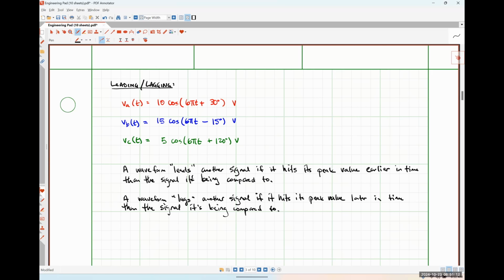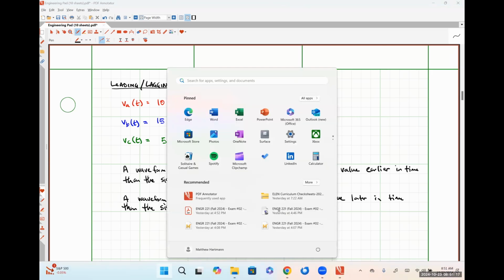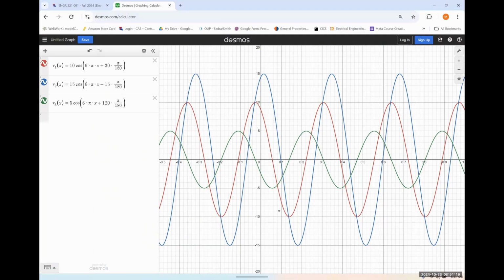So let me go back to Desmos here. We can see from this plot, which is going to be pretty similar to what you might see on an oscilloscope when you're measuring time-varying voltage waveforms for sinusoidal steady state systems, which signal is leading and which is lagging.